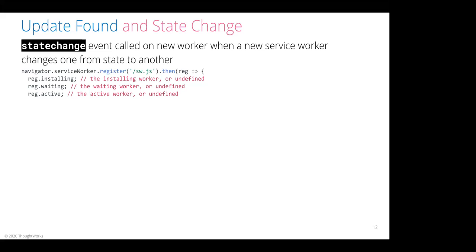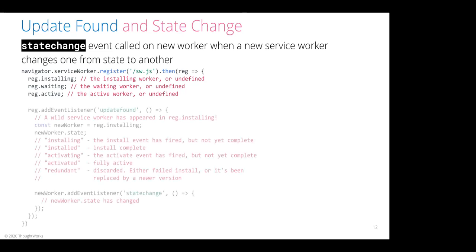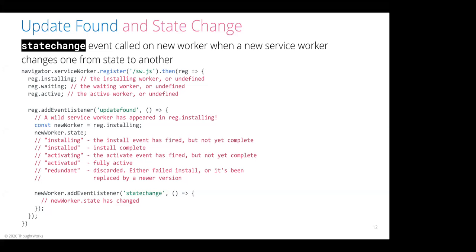So we'll see a little bit of how it can be done. Whenever you register your service worker, you get this reg.installing, active or waiting, and it will define whether the worker is waiting, installing or active. There you can grab it and perform any action that you'd like. Or there is an event listener of update found. There you can get control of the new service worker and hold it there until you are finished with your work.